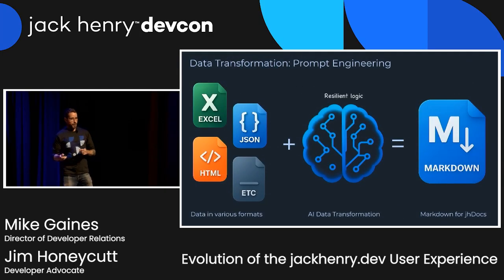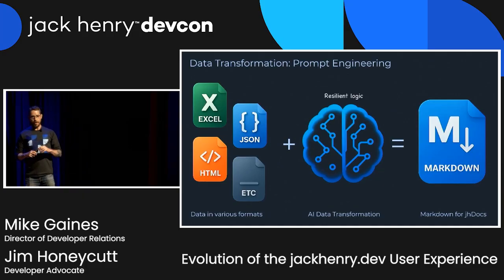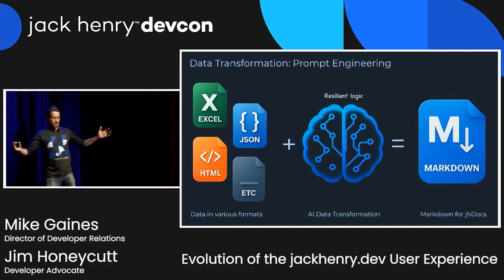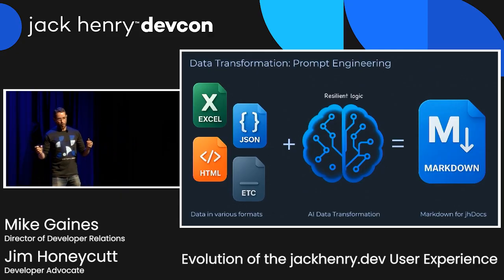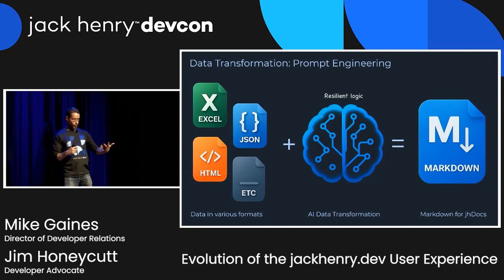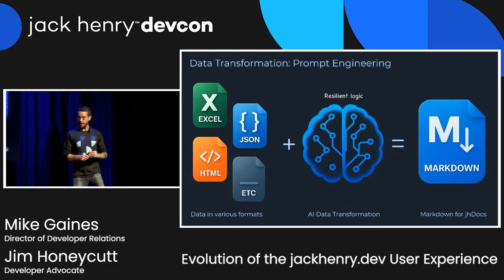Another use case for AI that we're using for jackhenry.dev is data transformation. So we have, in those 6,700 documents, ask me how I know this, there are 4,406 little spots in there, I know that the hard way, where we have data coming from other teams in various formats that gets turned into actual content that you can read as human readable content.